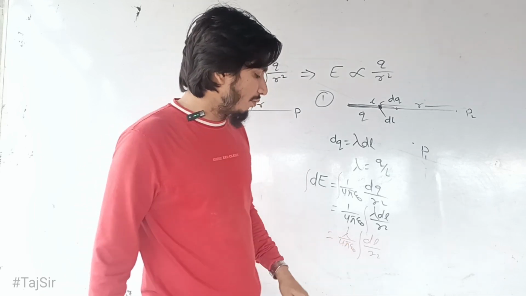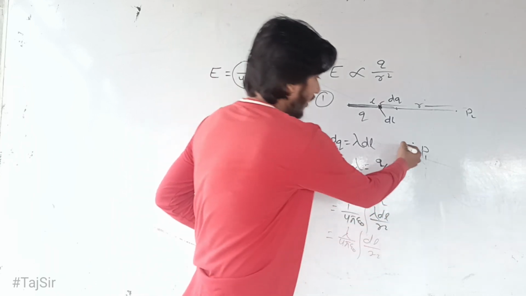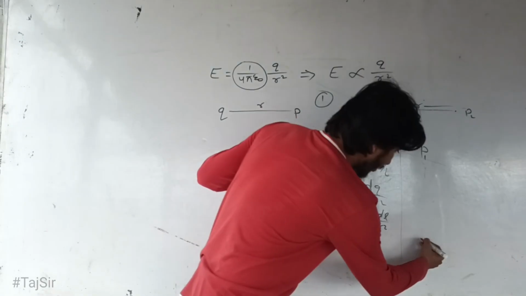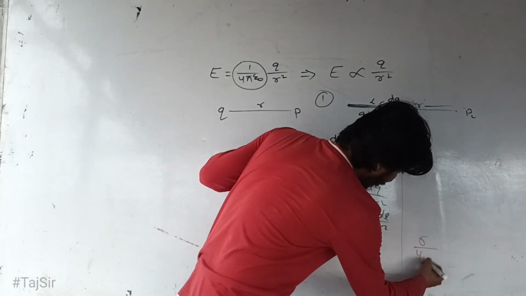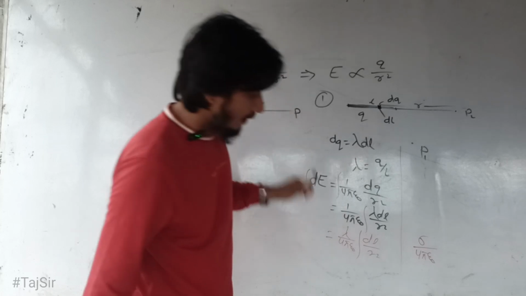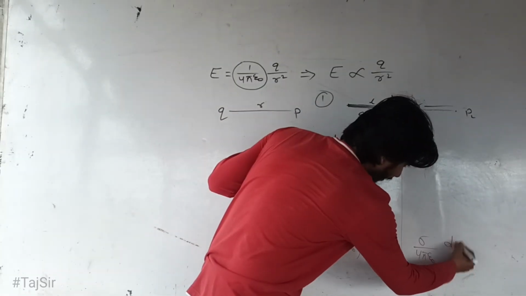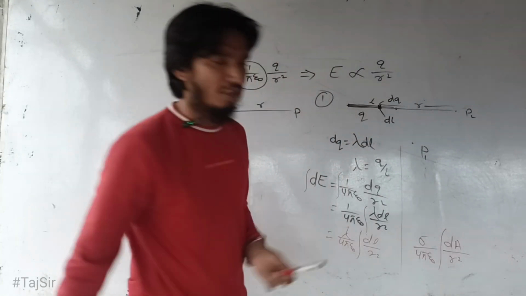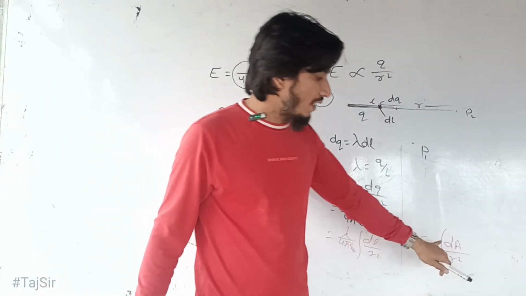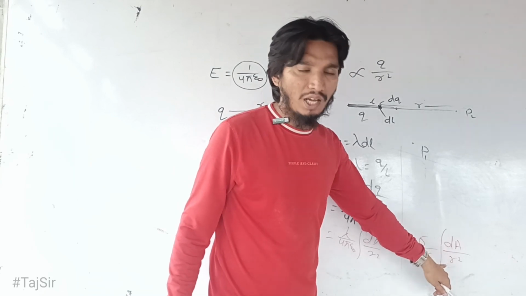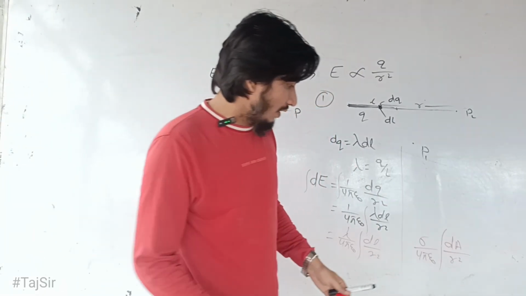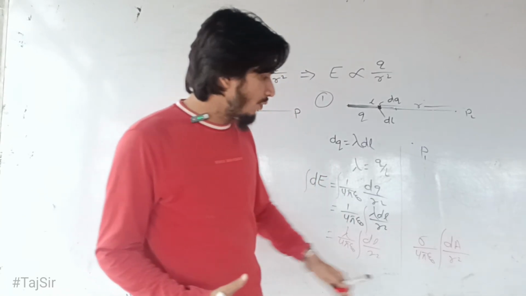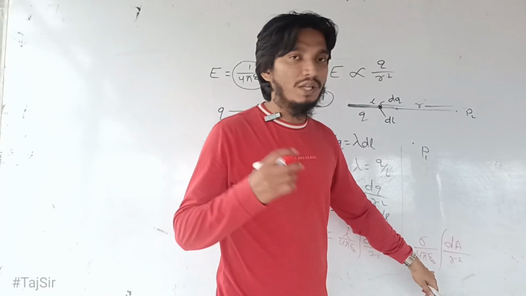In a similar way, for surface charge density we will have sigma upon 4 pi epsilon naught dA by r square. This r is also a variable. We just need to find what dA is and what r is, and how it is related to dA. If we make that substitution, we can easily calculate this with proper limits.